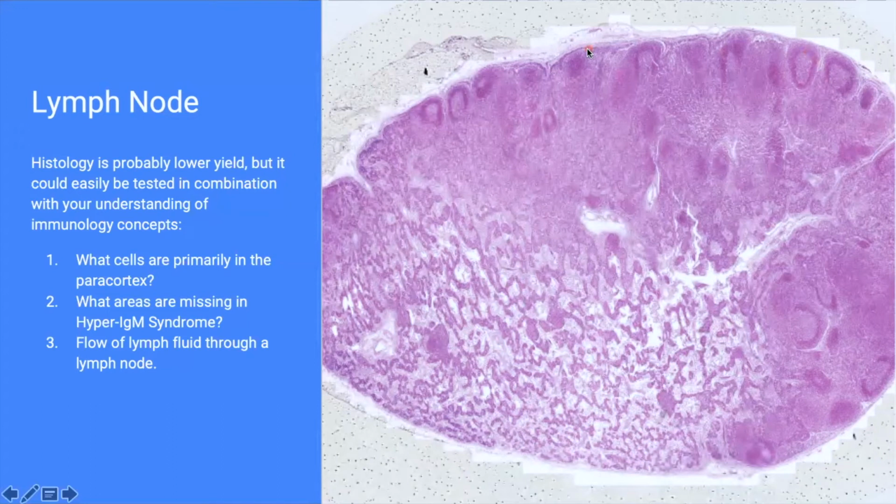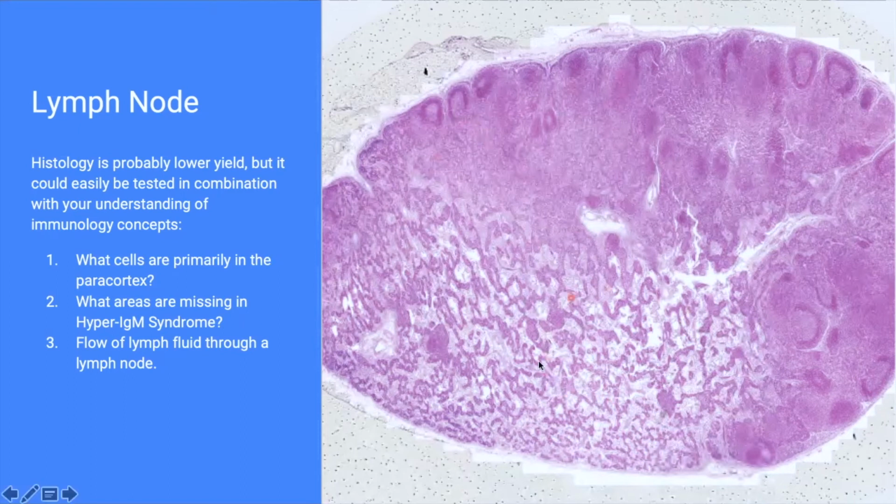So out in the cortex is where we find germinal centers and specifically B lymphocytes. Here in what's termed the paracortex is where we find a great deal of T lymphocytes to help initiate antibody production and facilitate the interaction between T cells and B cells.